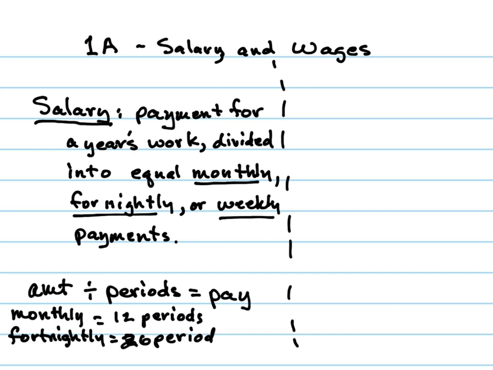Oh dear, can't do math. Sorry, guys. All right, 26 periods, because there are 52 weeks in a year, and fortnightly means every 2 weeks. And finally, weekly, you're going to have 52 periods.